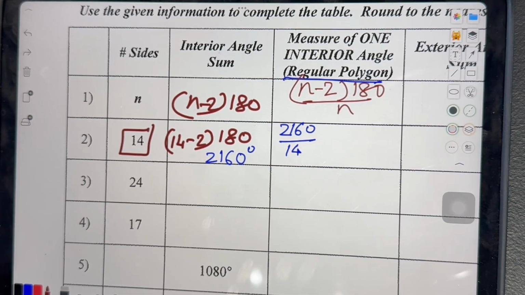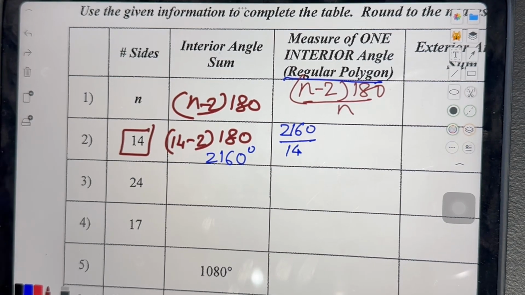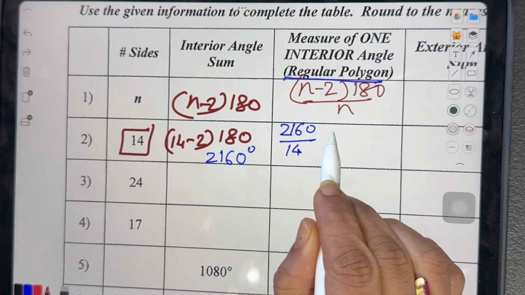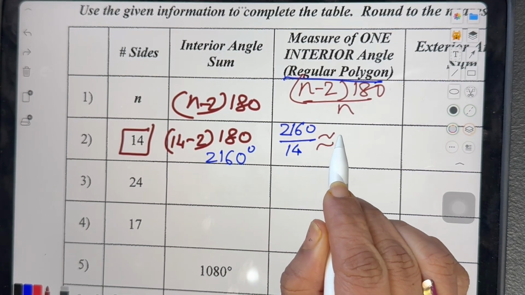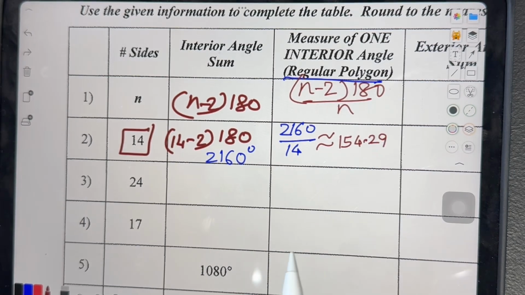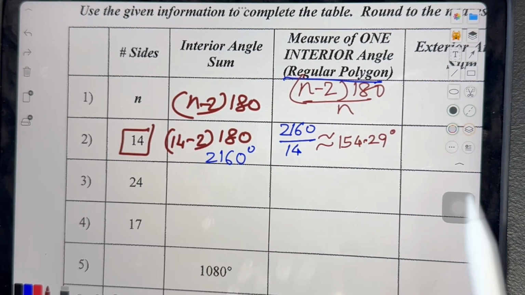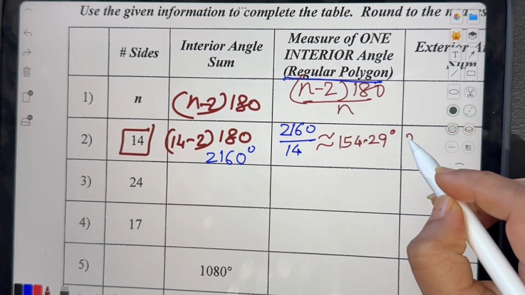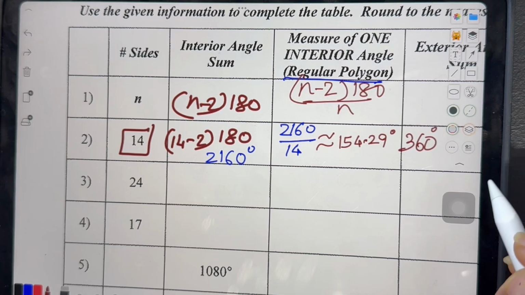So this divided by 14, each angle is 154.29. I'm rounding it, so it is approximately equal to 154.29 degrees.